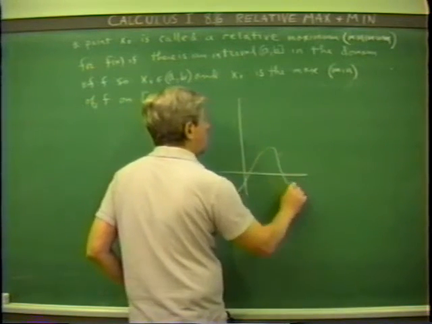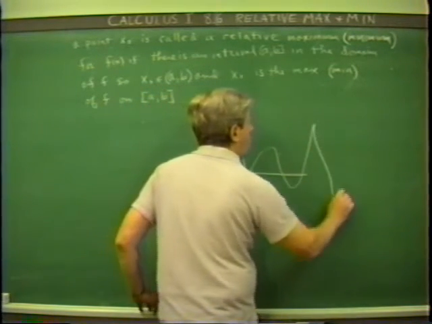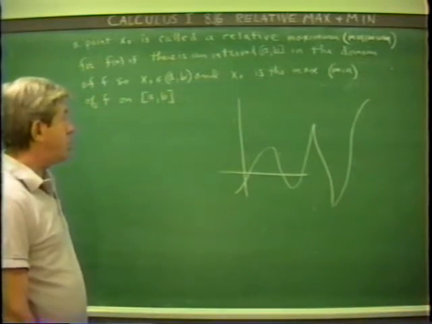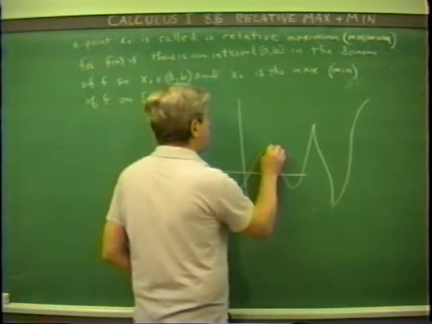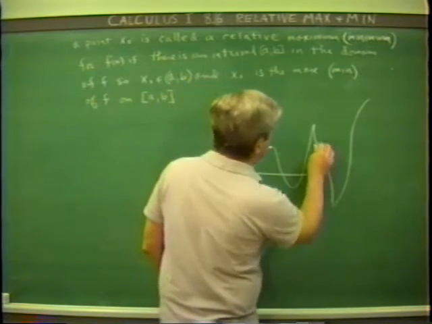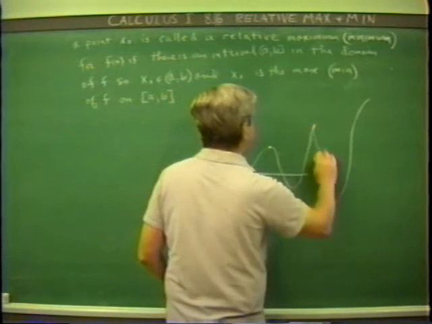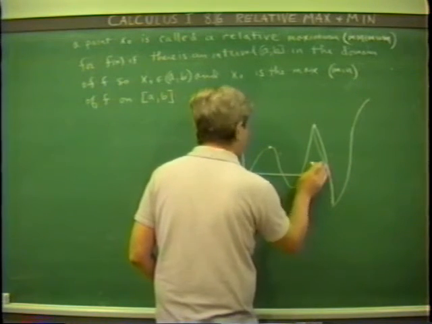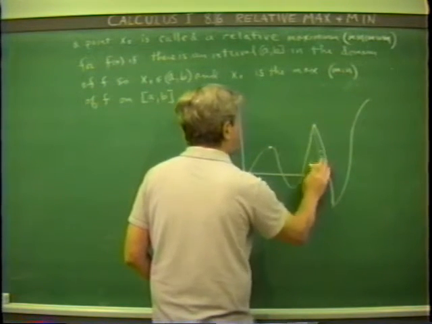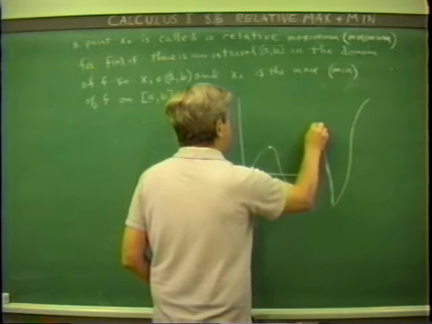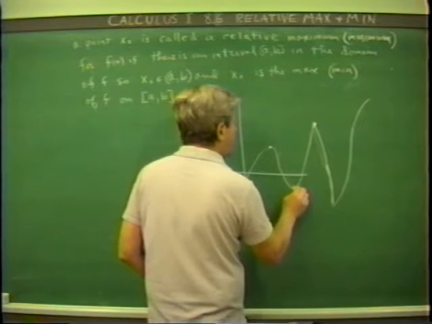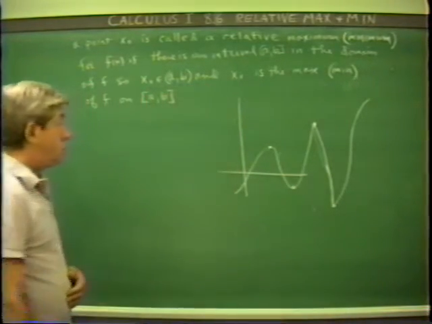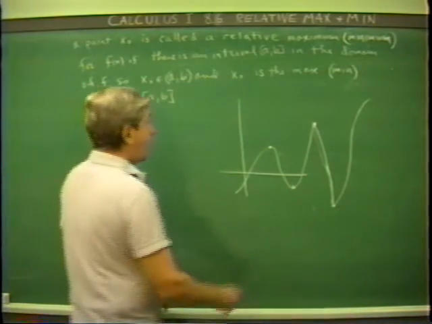Picture is something like this. If this is the graph of f of x, then this right here is a maximum. This should look more like this if this is going to be a function. This is a relative maximum. Here's a relative minimum, and here is a relative minimum.